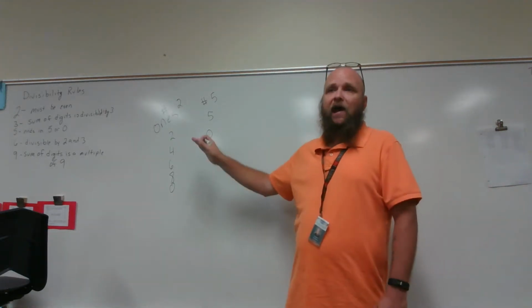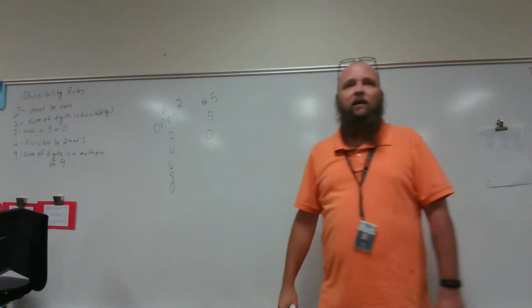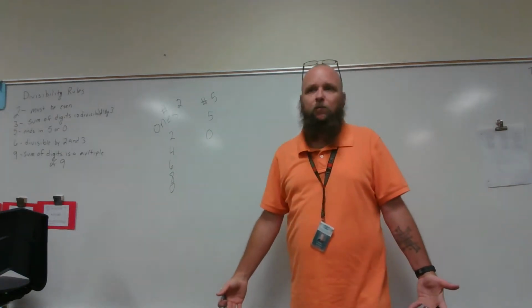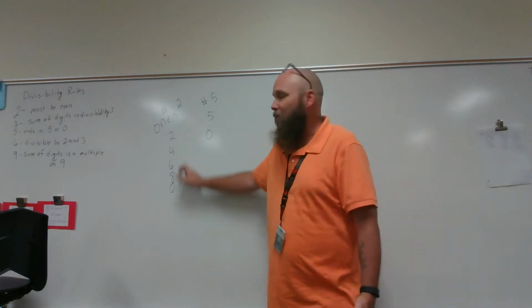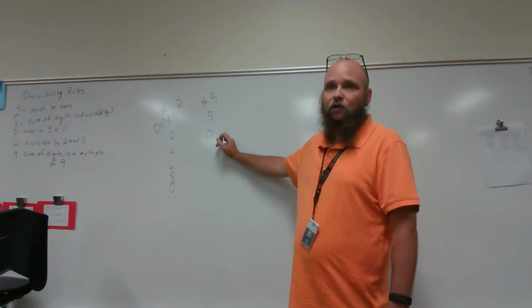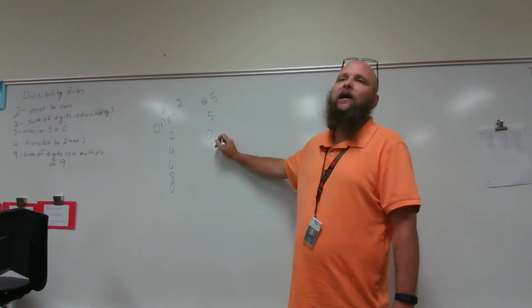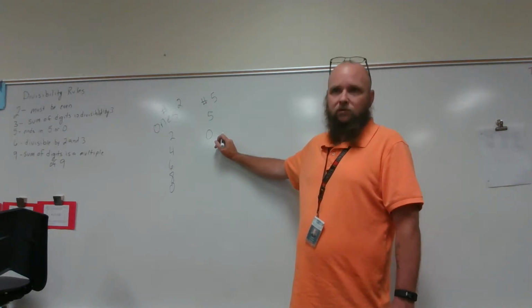Knowing these two rules, I can start off with my ones place. It has to be an even number for 2, and it has to end in 5 or 0 for 5. So my ones place has to be a 0.